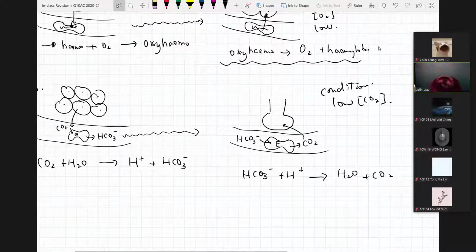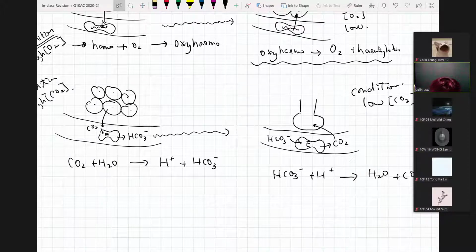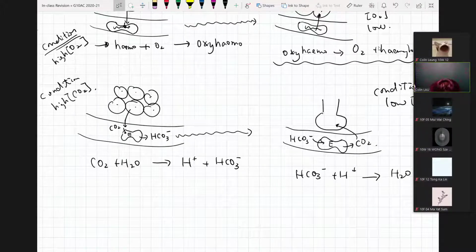So only when there is low CO2 concentration. When low CO2 concentration, HCO3 minus moves into the red blood cells and gets turned into CO2. When there is high concentration of CO2, CO2 moves into the red blood cells and gets turned into HCO3 minus.